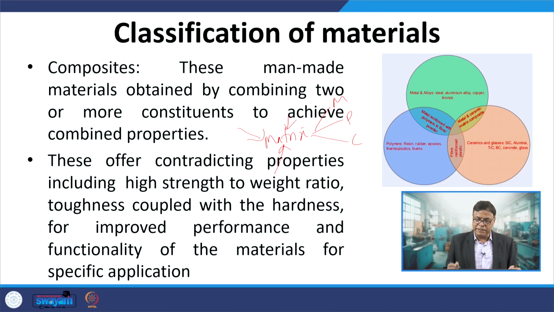Likewise, to increase the strength of the polymers, a lot of natural fibers are introduced to make sustainable materials. Depending upon the kind of matrix materials, we have metal matrix composites, ceramic matrix composites or polymer matrix composites.